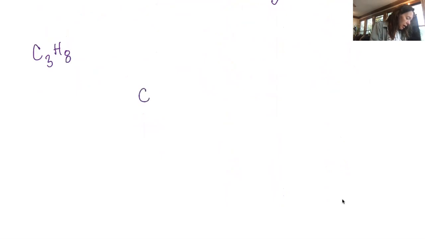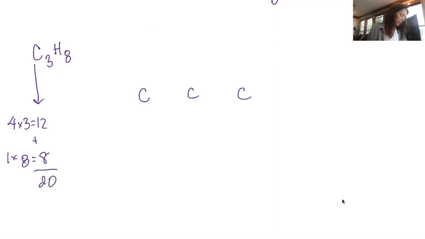I'm going to line my carbons up in the center. Step 1: 4 times 3 equals 12, plus 1 for hydrogen times 8 hydrogens equals 8. That's 20. So I'm going to go 2, 4. Got to connect them.